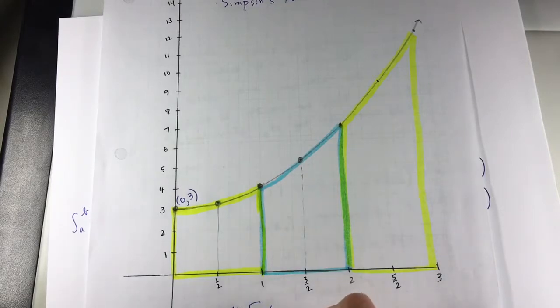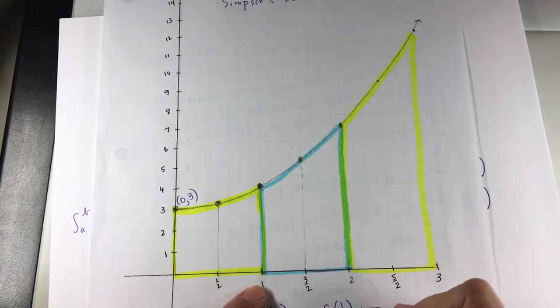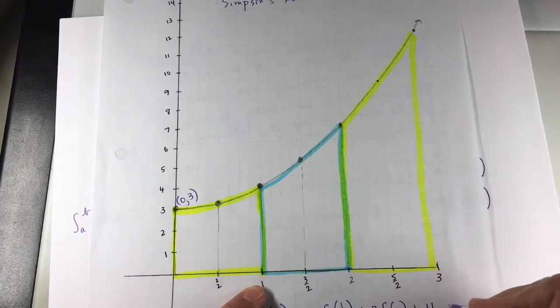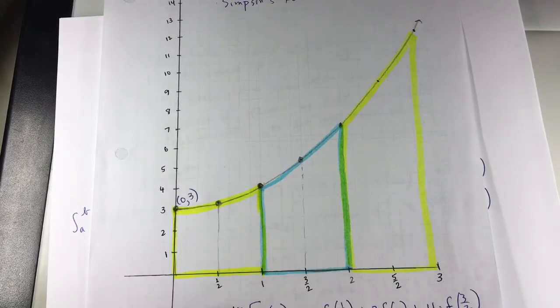So that's f at 0. Here, I'll fill in my f at numbers this time. So it's going to be 4 times f at 1/2, plus 2 times f at 1, plus 4 times f at 3/2, plus 2 times f at 2, plus 4 times f at 5/2. Then f of 3, the last one, is not multiplied by a number.